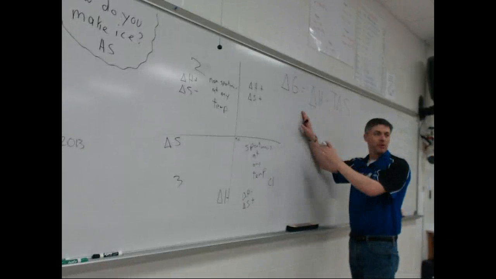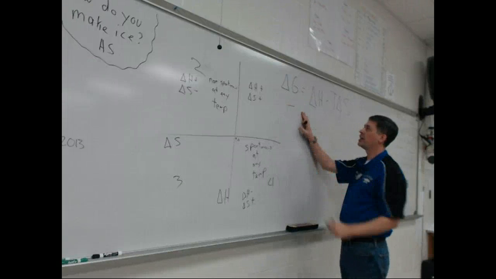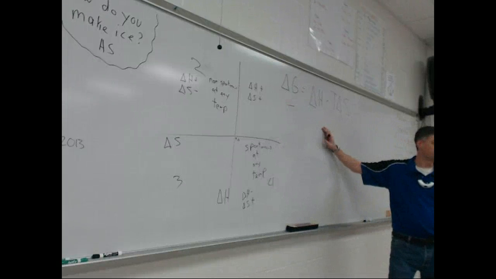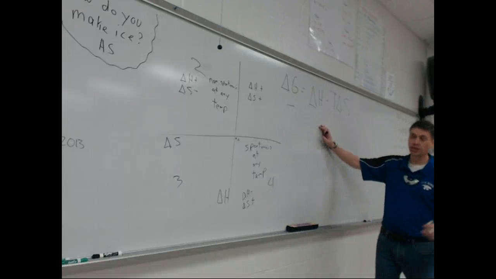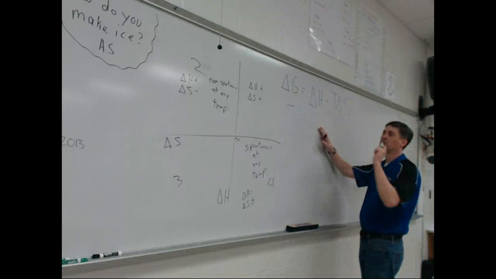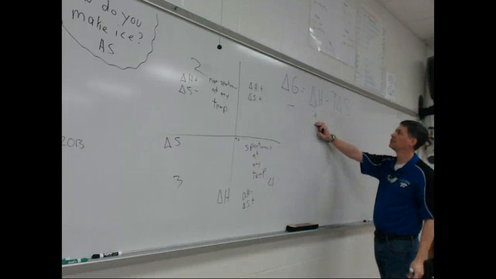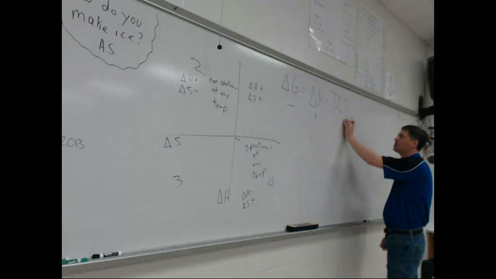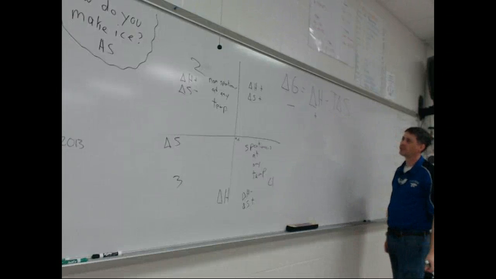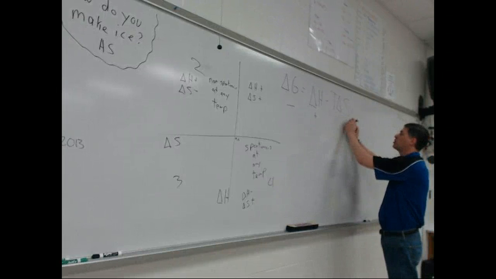In order for this to be spontaneous, delta G has to be negative. It'll work sometimes. This is positive, and then we're subtracting the temperature times the delta S, which is also positive.